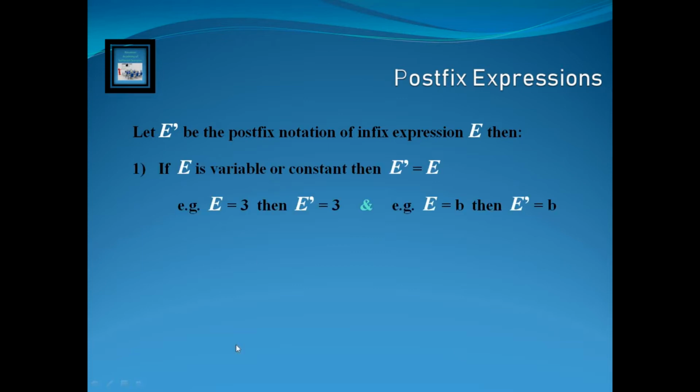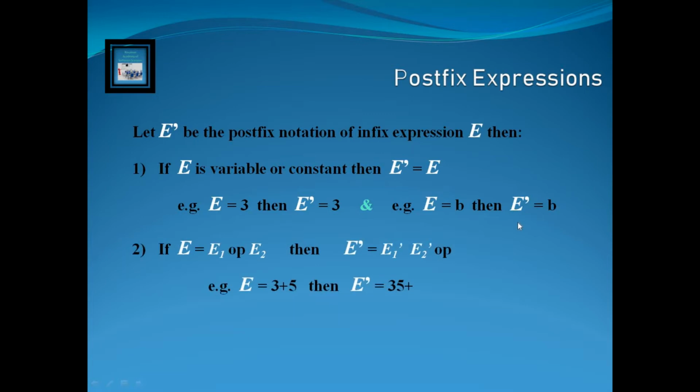The first rule for such conversion says that if the infix expression is in its simplest form, meaning it's just a constant or just a variable, then its postfix form will be equal to its infix form. For example, if E is equal to just 3, then E prime is equal to 3. Similarly, if E is equal to b, then E prime is equal to b.